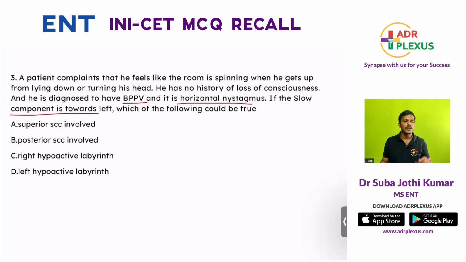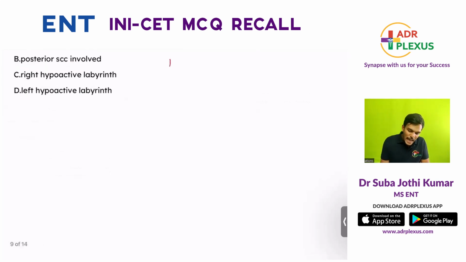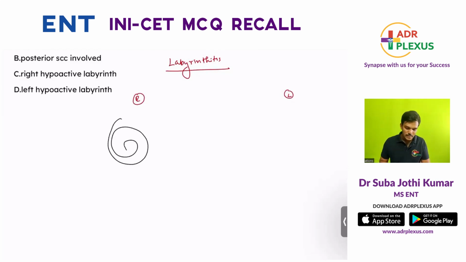If you have learned about the complications of CSOM, the important complication is labyrinthitis. In labyrinthitis, there is the right side semicircular canal and the left side semicircular canal. If the entire labyrinth has been filled with some inflammatory particles, it is a hyperactive labyrinth.